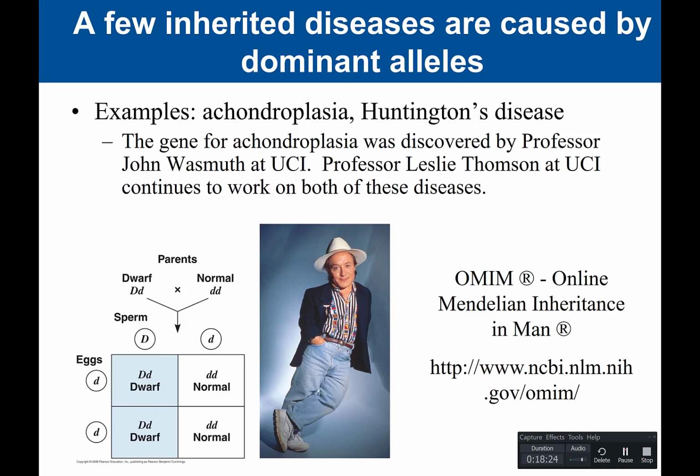Some examples would be achondroplasia, which is a form of dwarfism, and Huntington's disease, which is a neurological disease. The gene for achondroplasia was discovered by Professor John Wasmuth at UCI. Professor Leslie Thompson at UCI works on these diseases. So these are worked on locally, but these are dominant alleles.